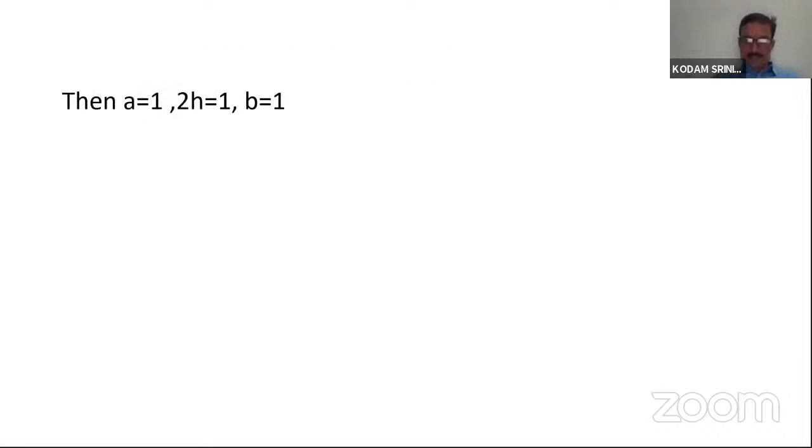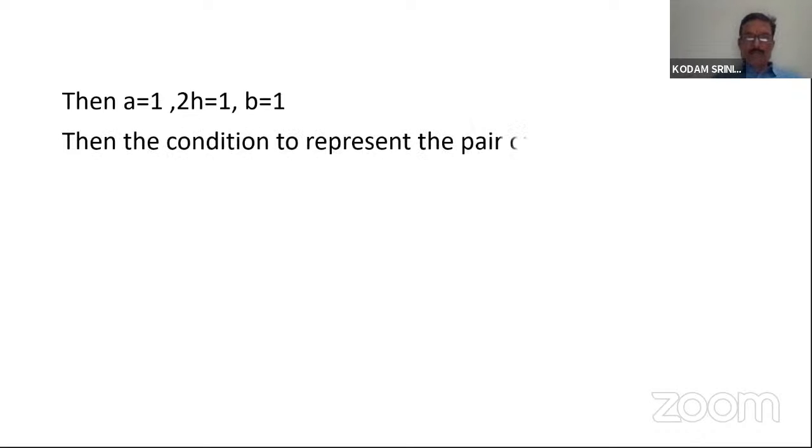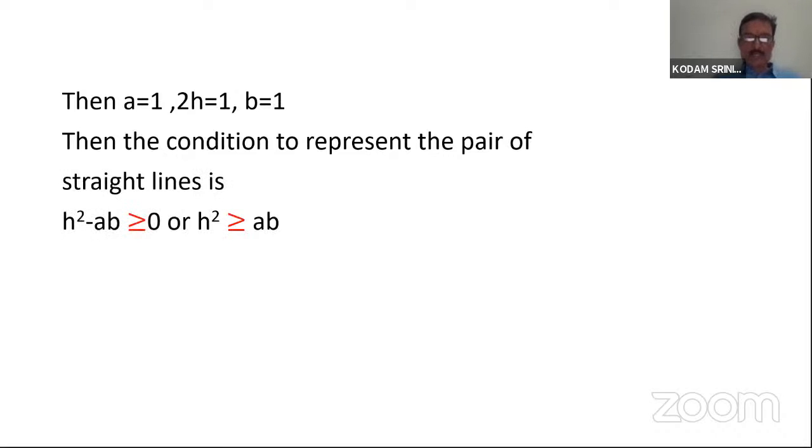From the previous theorem, we have concluded that the condition to represent the pair of straight lines is h square minus ab greater than or equal to 0. That is, h square must be greater than or equal to ab.